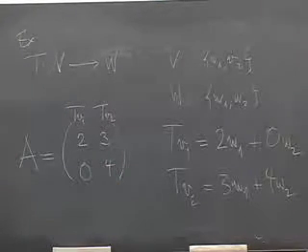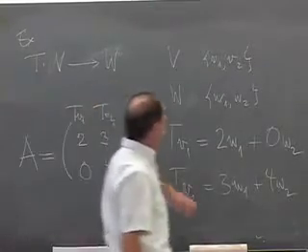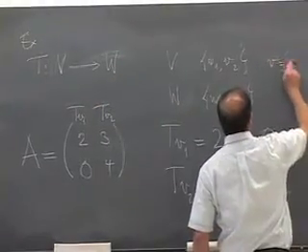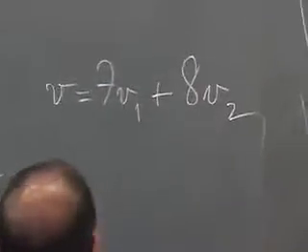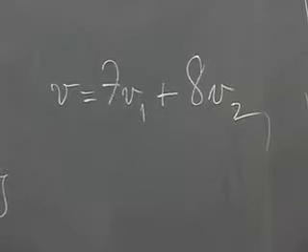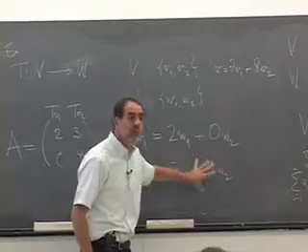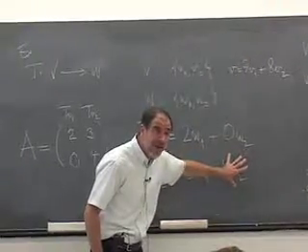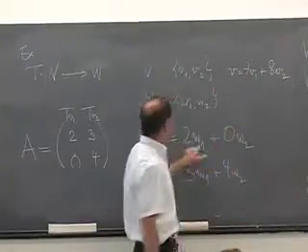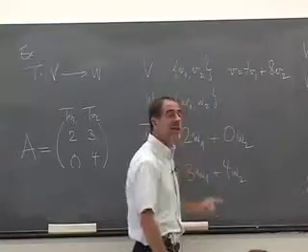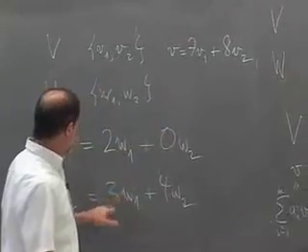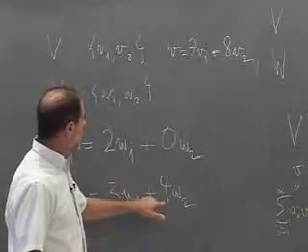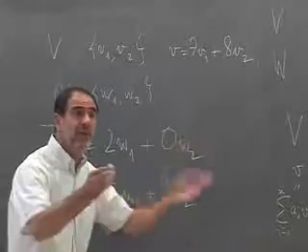Now, suppose I had a vector in V, which was 7v1 plus 8v2. And I wanted to see what the linear operator did to it. What I could do is just substitute it in with this formula. T of v1 is 2w1, so T of 7v1 is 14w1. T of v2 is this, so T of 8v2 is 24w1 plus 32w2. Add them all together and reassemble.